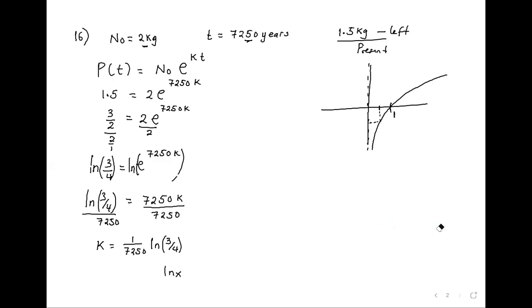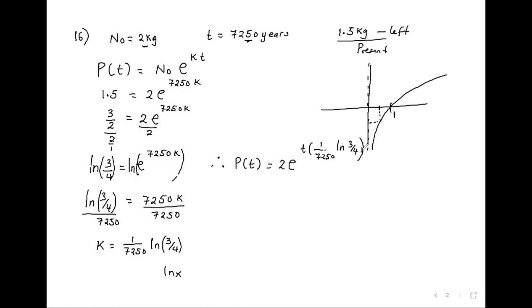And so because the value of k is negative, you go back and say, wow, I've found the exponential decay equation, which is N naught, you fix the N naught, which is 2, and then e to the power, what is k? So I first write t to avoid confusion. I'll write t multiplied by k, which is 1 over 7,250 ln 3 over 4.